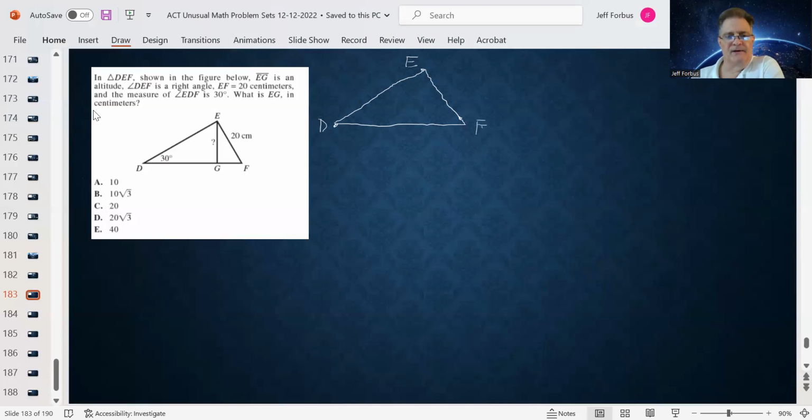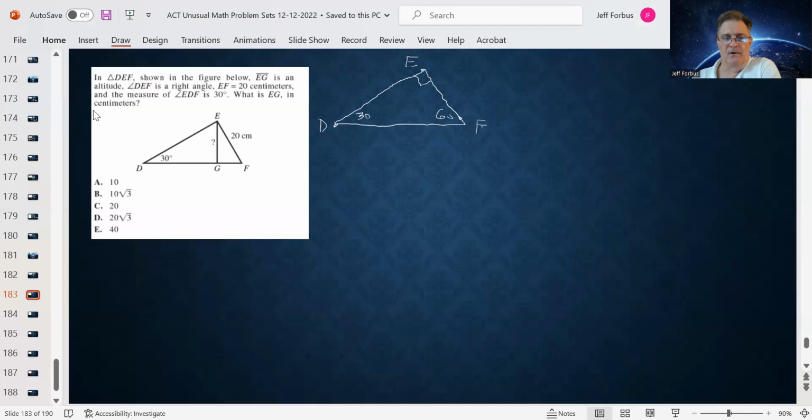We know this angle over here is 30. Now, this angle here, E, is 90 degrees. So that means F is 60 degrees. So we got a 30, 60, 90 triangle right there, a big one.